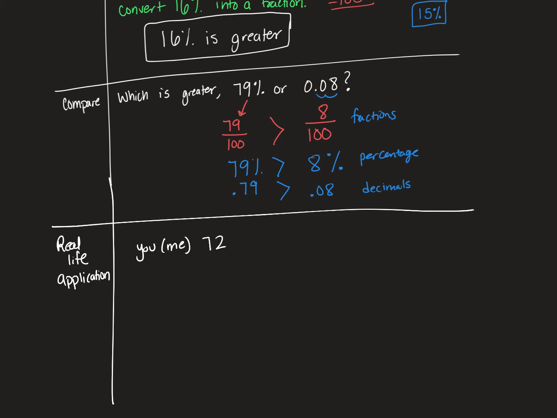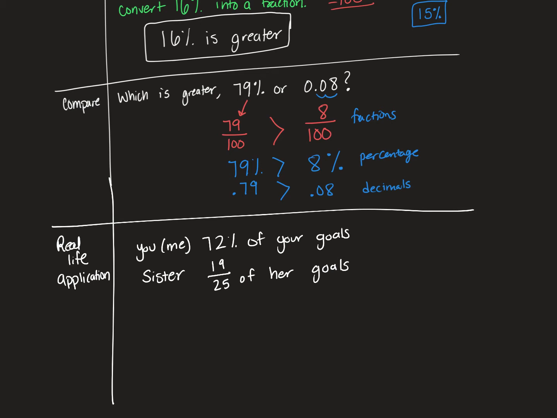You make 72% of your goals. Your sister, if you don't have a sister, this is going to be your invisible math sister. Your sister makes 19 out of 25 of her shots or of her goals.